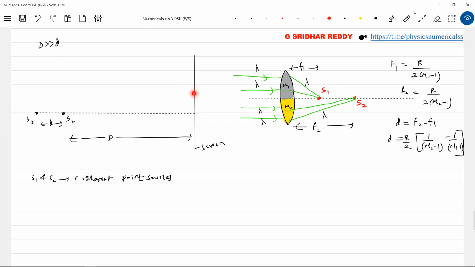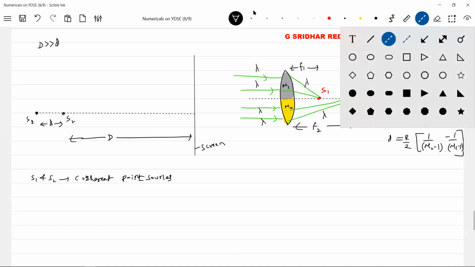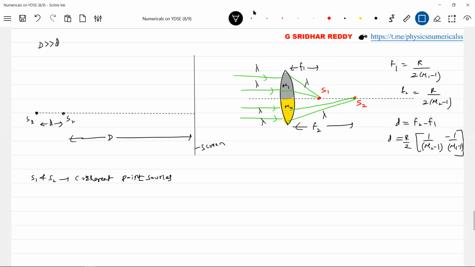Here the path difference is such that if it is equal to n lambda, then again we'll get one more maxima. So now, it's a monochromatic screen, so go for a plane diagram. How is the pattern on the screen? The pattern on the screen will be alternate bright and dark bands.